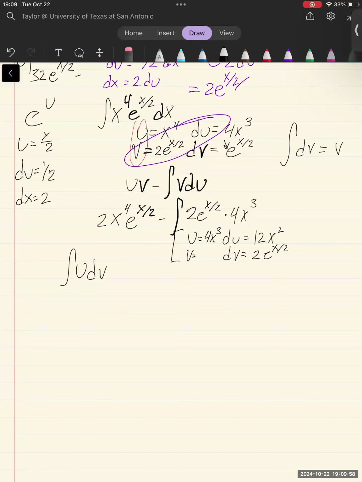So this e to the x over 2 is your differential dv. Does that make sense? Yes. And then what we're doing is integrating this term, giving us this here. Okay, that makes a bit more sense. Thank you.